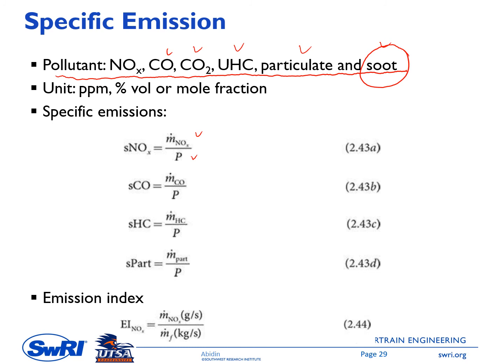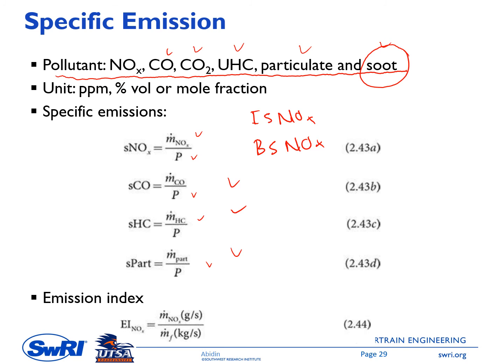We have SCO, this is for CO, this is for unburned hydrocarbon, and this is for the particulate. Depending on whether P here is indicated or brake, we might have ISNOx, or we might have BSNOx, similar for this one as well.